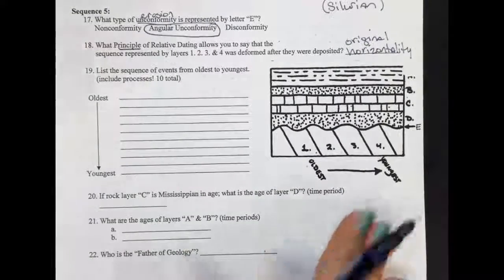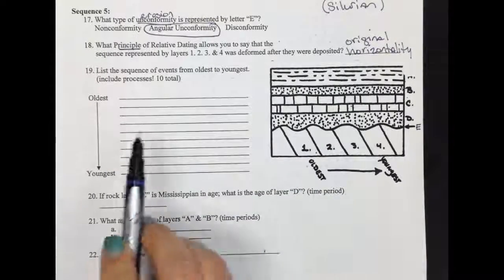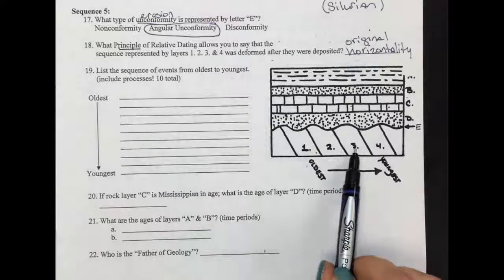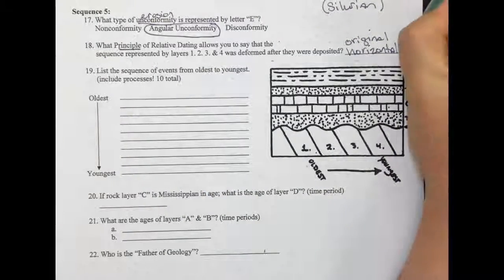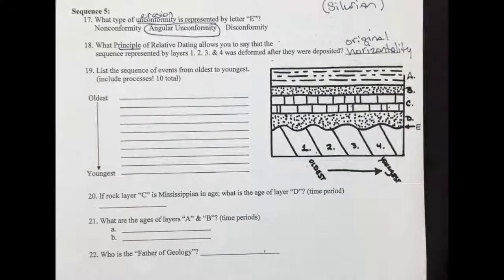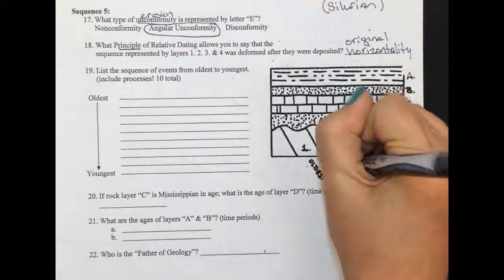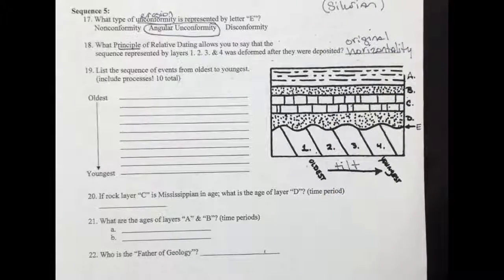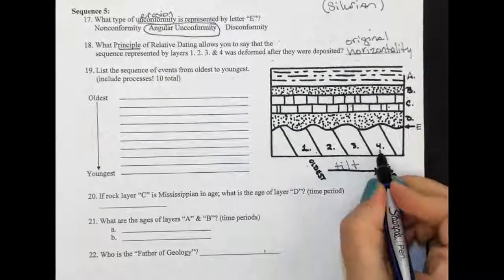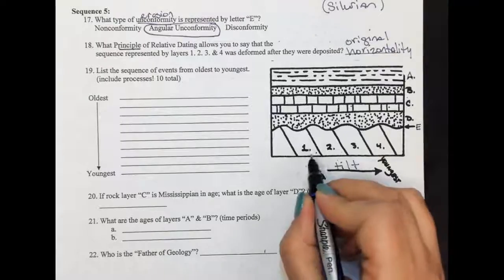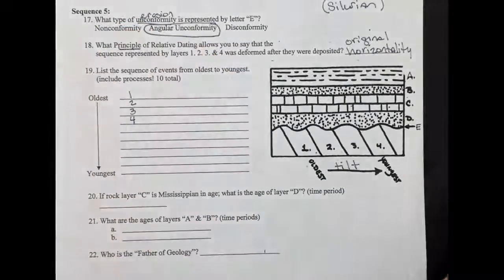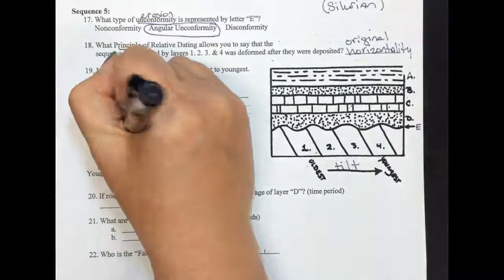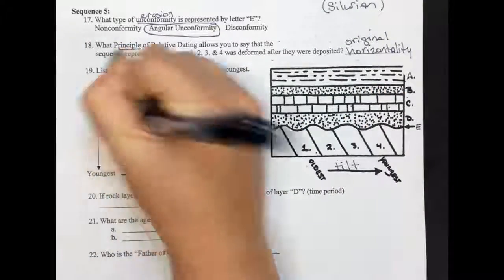So back to sequence 5. We have 10 things. 1, 2, 3, 4, 5, 6, 7, 8, 9. So we only have to add 1. That 1 is going to be the fact that these are all tilted. What happened after 1 through 4 formed. So the oldest here is going to be number 1, 2, 3, 4, and then they all tilted, and that's our process.